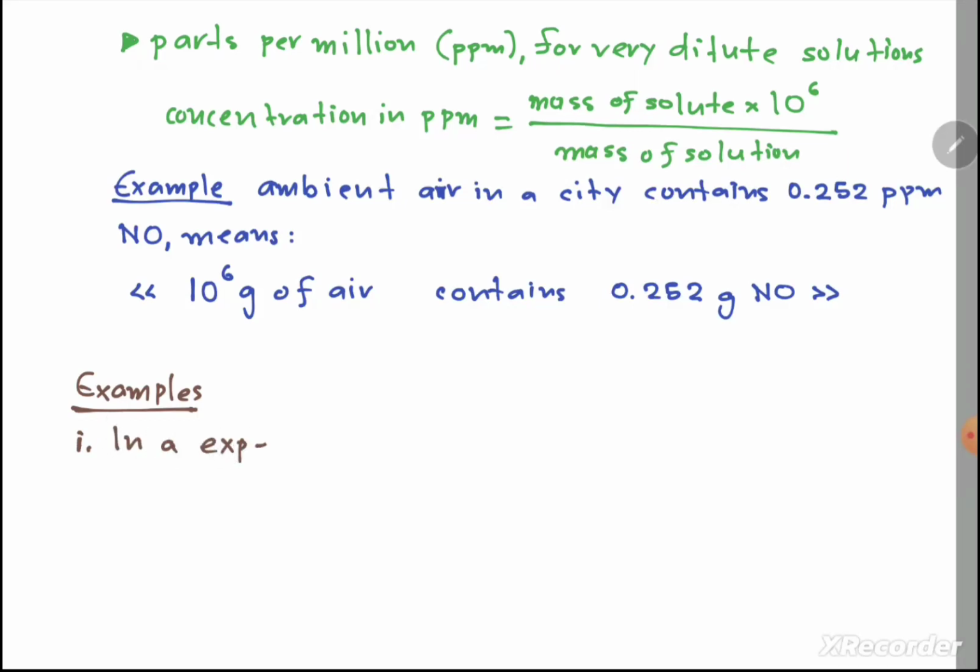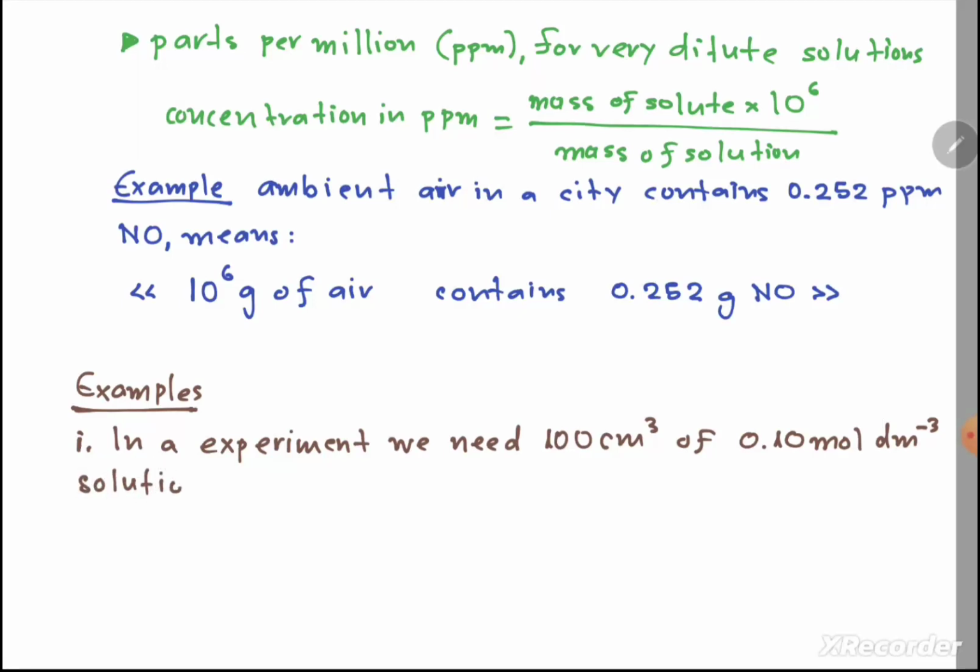In an experiment, we need 100 cm³ of 0.1 mol dm⁻³ solution of sodium chloride. Explain how it is prepared.